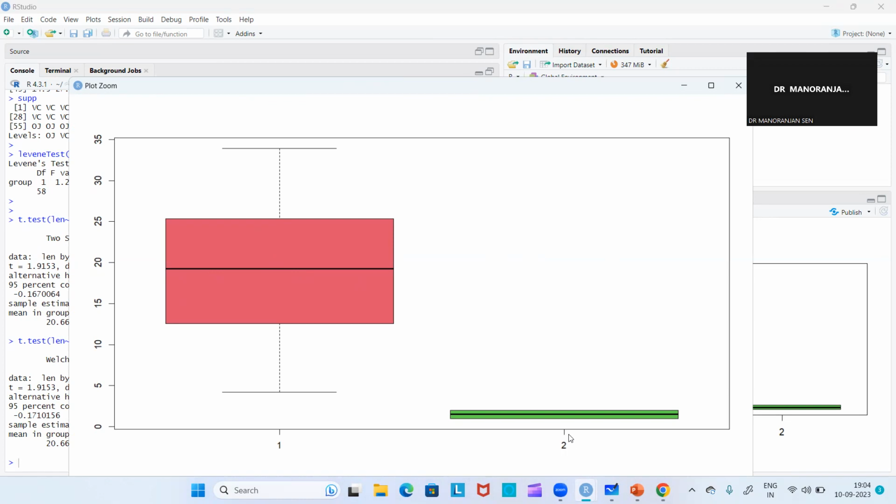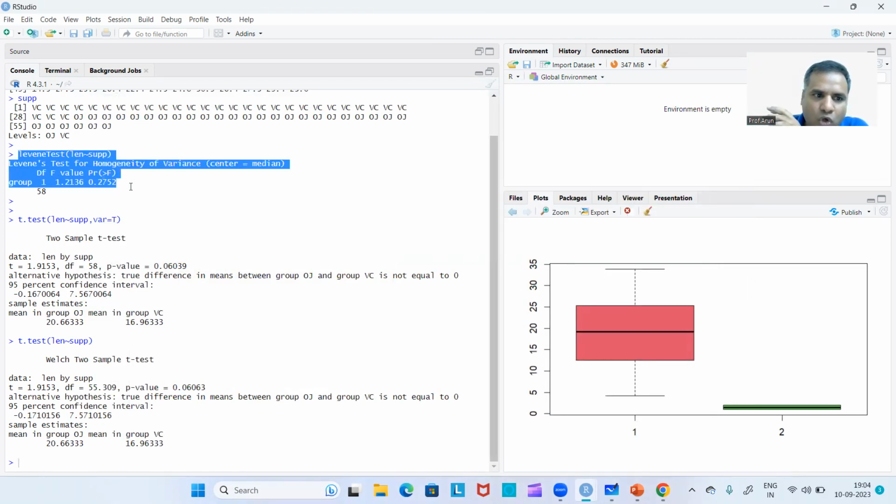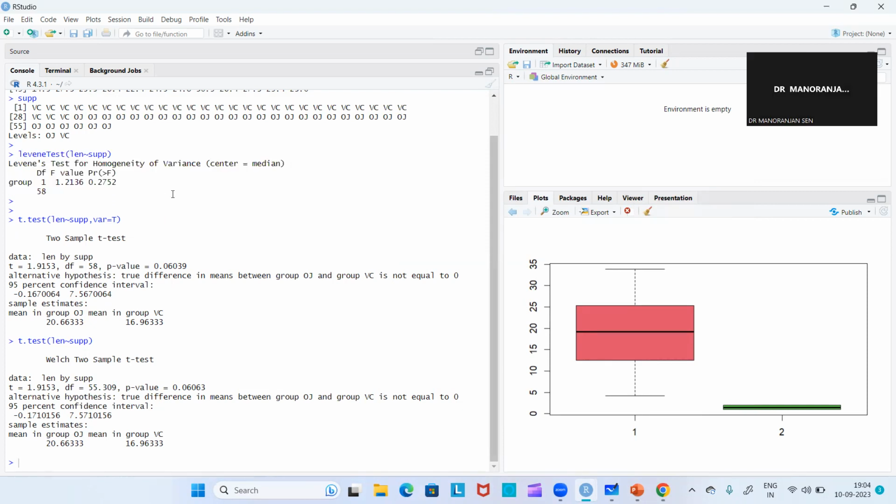Yes, sir. Similarly, focus on the second. Here also the line is in the middle and the spread looks somewhat the same. So this way you can make some sense, and straight away apply this Levene test, sir, if you want to be 100% sure. Yes, sir. Mathematically, we are ensuring whether the two variances are unequal or equal.